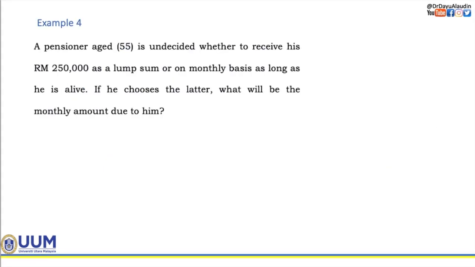And example 4. A pensioner aged 55 is undecided whether to receive his 250,000 as a lump sum or on a monthly basis. So on a monthly basis, m is equal to 12, as long as he is alive. If he chooses the latter, the latter refers to example 3, which is UDD and traditional.